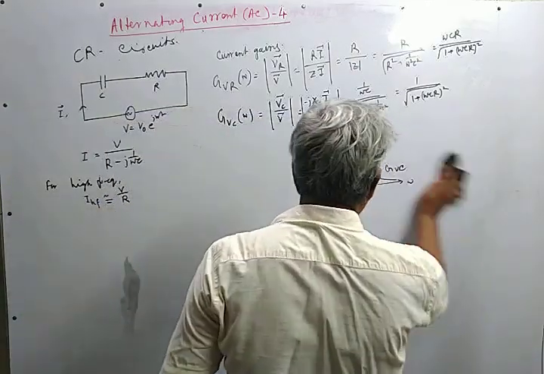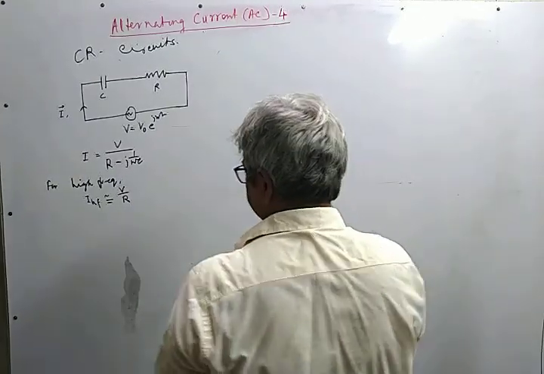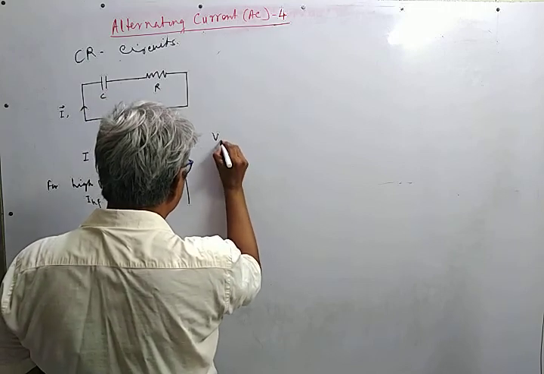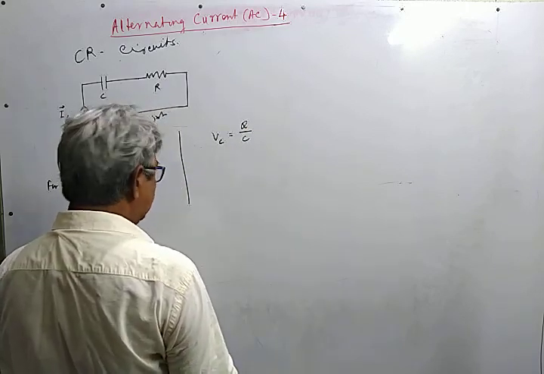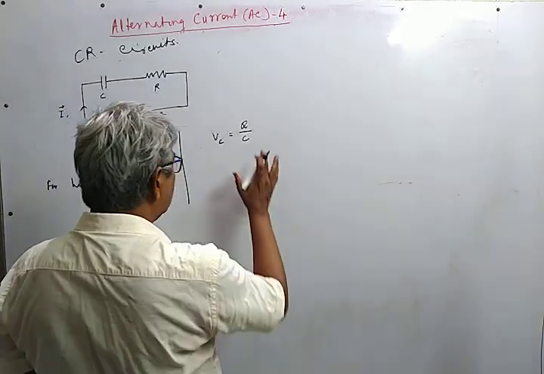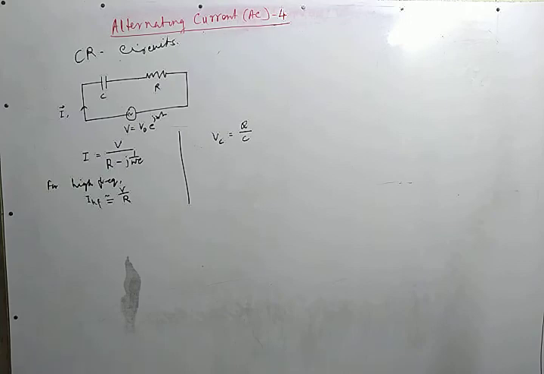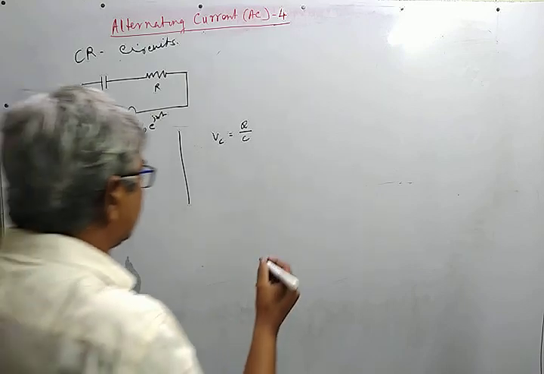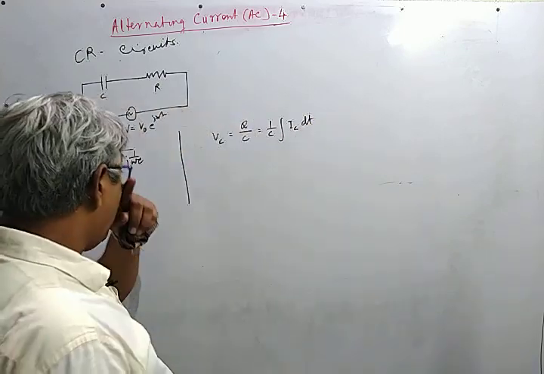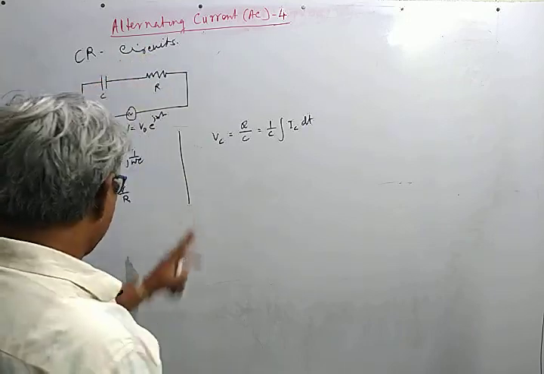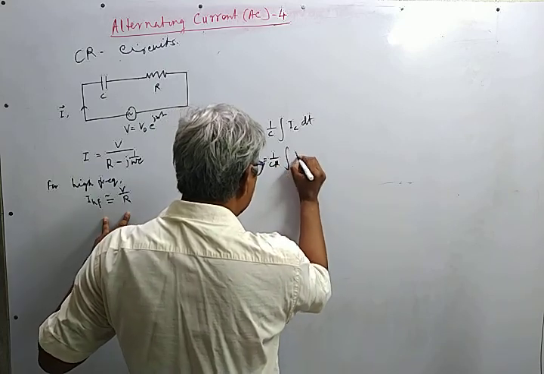If we now consider the voltage across the capacitor, Vc is Q by C, which can be written in a slightly different way as the integral of I dt by C. Since it is a series circuit, the same current flows through it, and for I we write this approximate value, so we get 1 by CR integral of V dt.